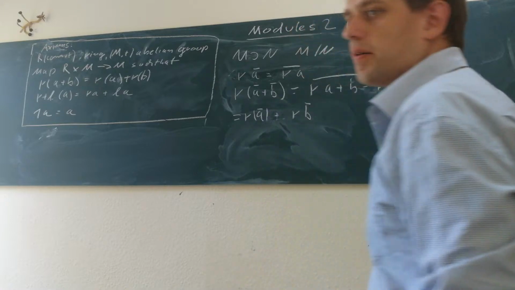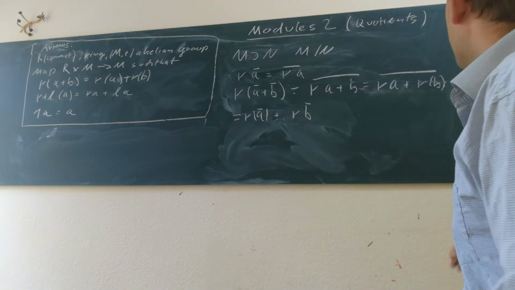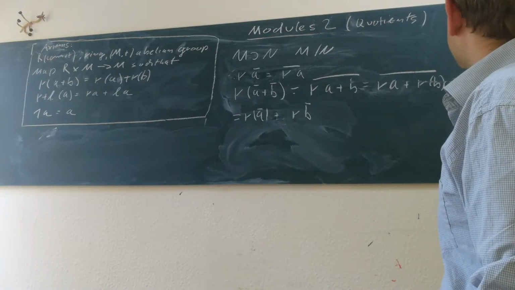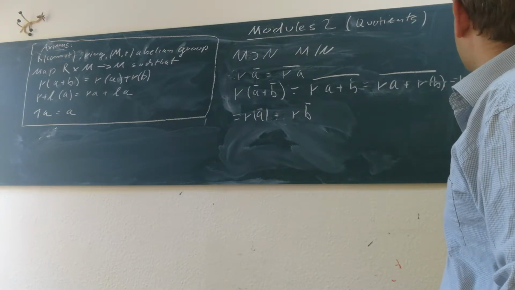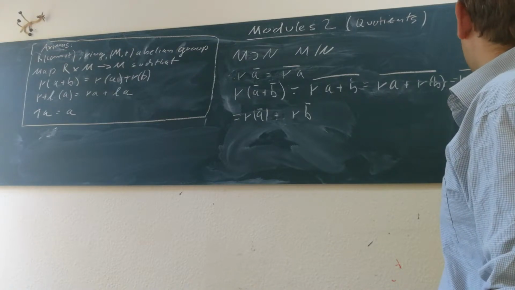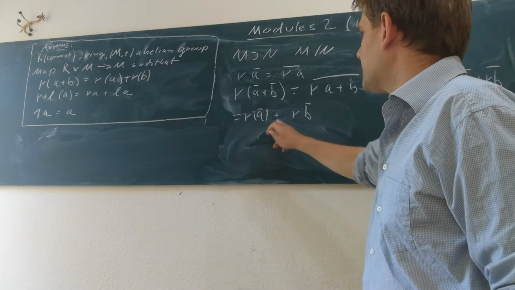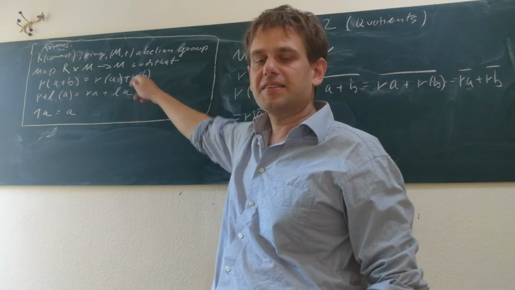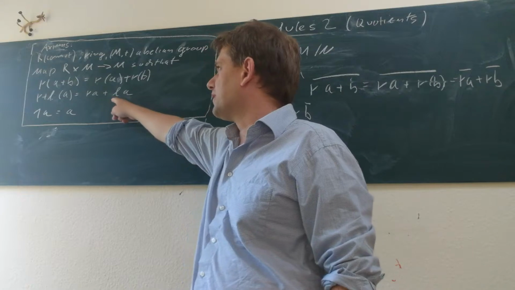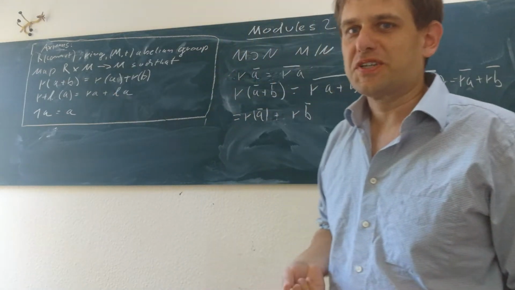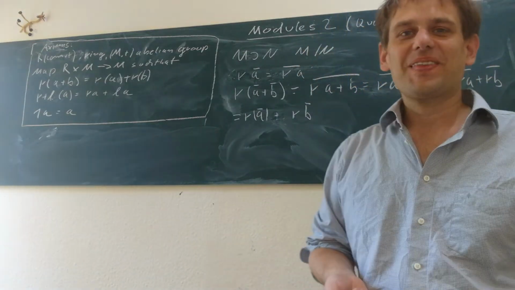And this is, by the way, we have just introduced addition on this quotient group a moment ago, R times A bar plus R times B bar, which is, again, by the definition of addition, the same as this. So we have checked this axiom, and technically we also need to check this axiom, which I shall leave for you as an exercise, since my board is already full.